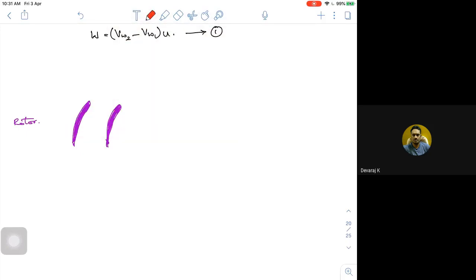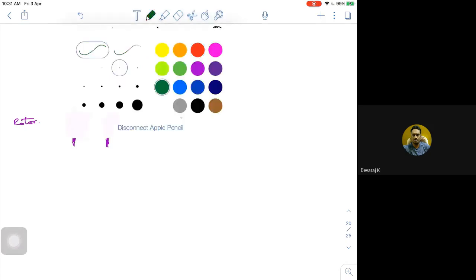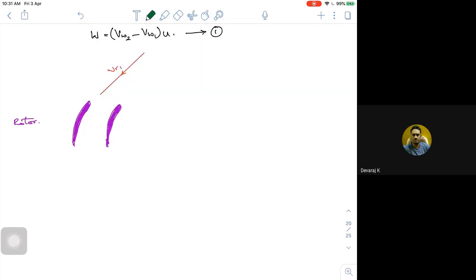So if I try to draw the velocity triangle for this, this will be my VR, they call this VR1, and your V1 will be coming something like this.